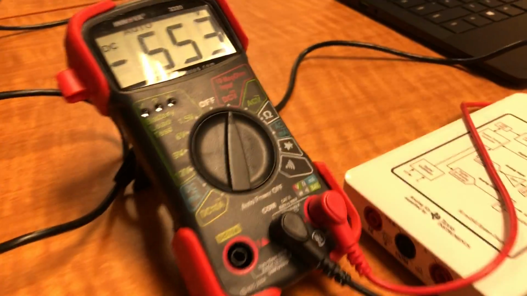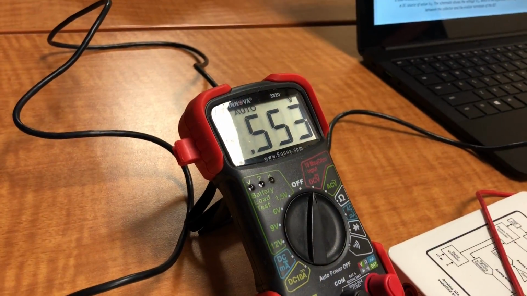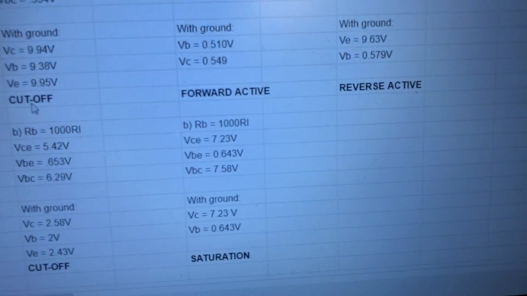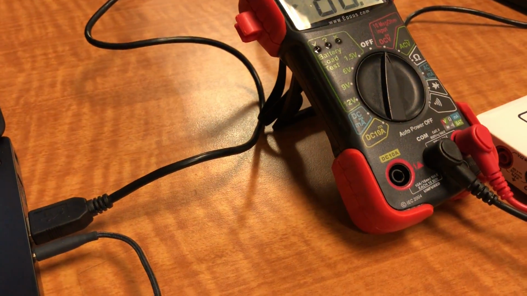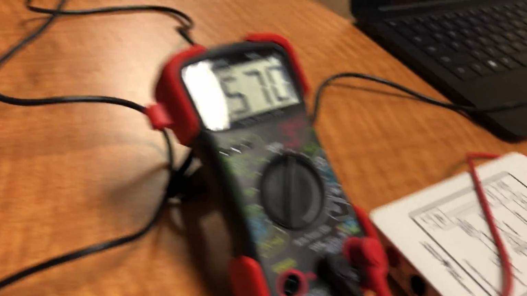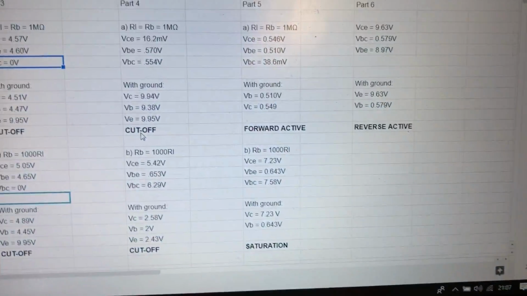Okay, collector and base, 0.553, 0.554. Base and emitter, 5.7, 5.7. And that's our region, cutoff region. Cutoff region again.